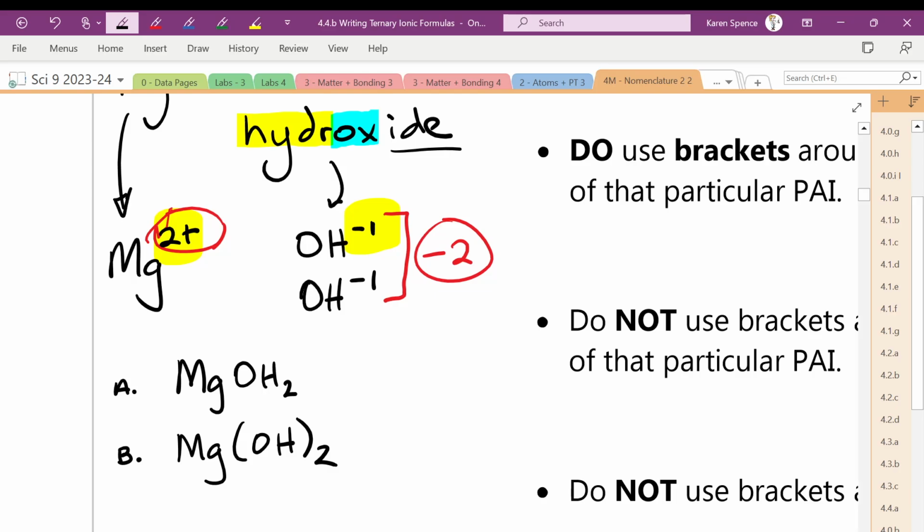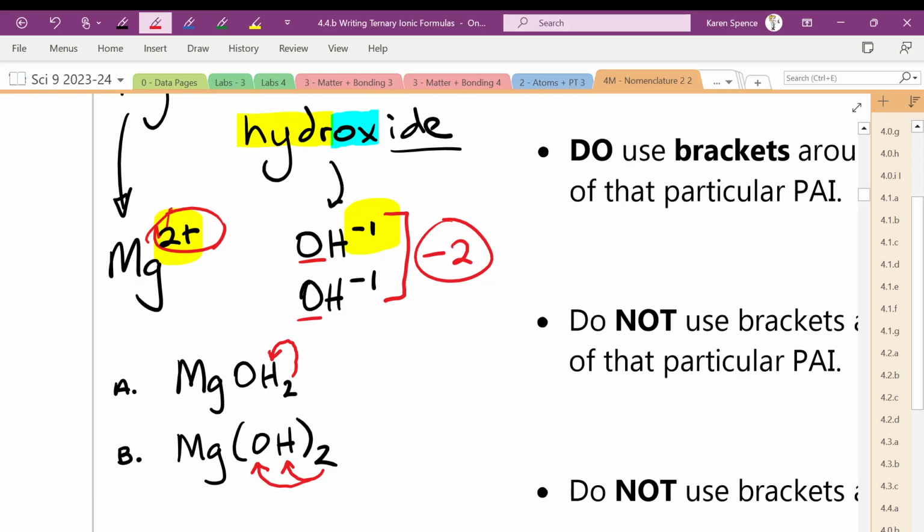One thing I want you to think about is when you have a 2 here, it refers only to the hydrogen, but it does not apply to the oxygen. How many oxygens do we have, though? We got 2 oxygens, so we need to include 2 hydrogens and 2 oxygens. We need it to refer to that whole thing.